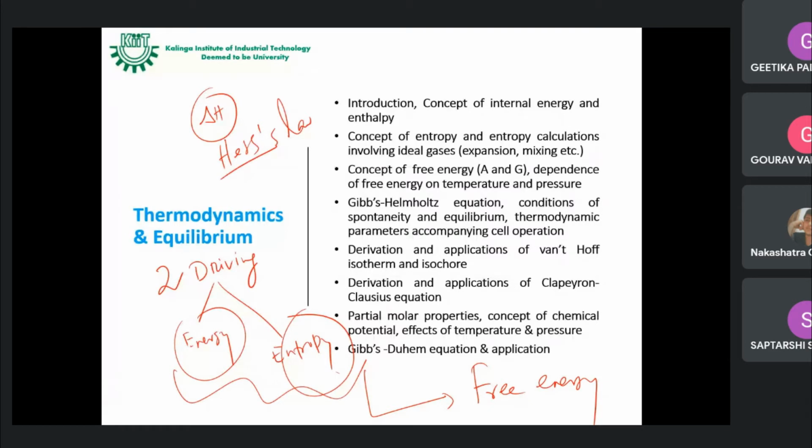Actually, if you look at the whole syllabus, you will observe that it moves around these three terms: energy, entropy, and free energy.